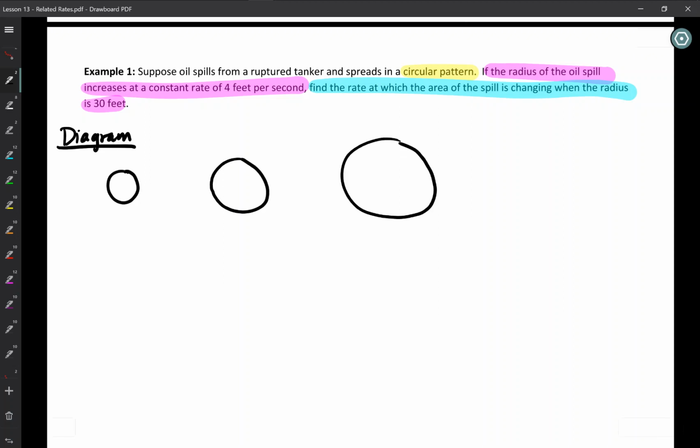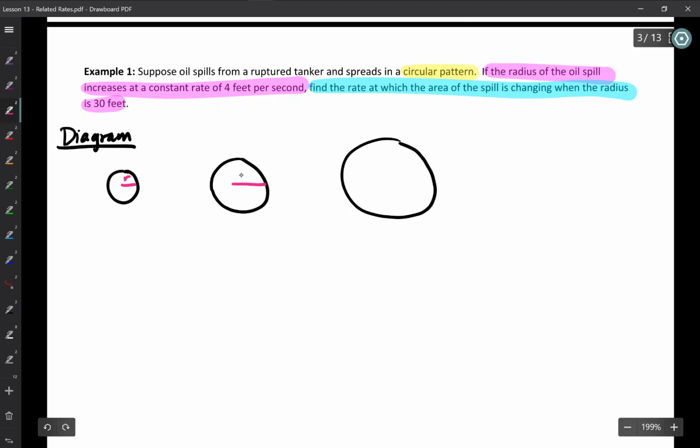So at one moment in time, the oil spill looks like this, where here's my radius, and then a little bit later, there's a larger circle of oil on the water.